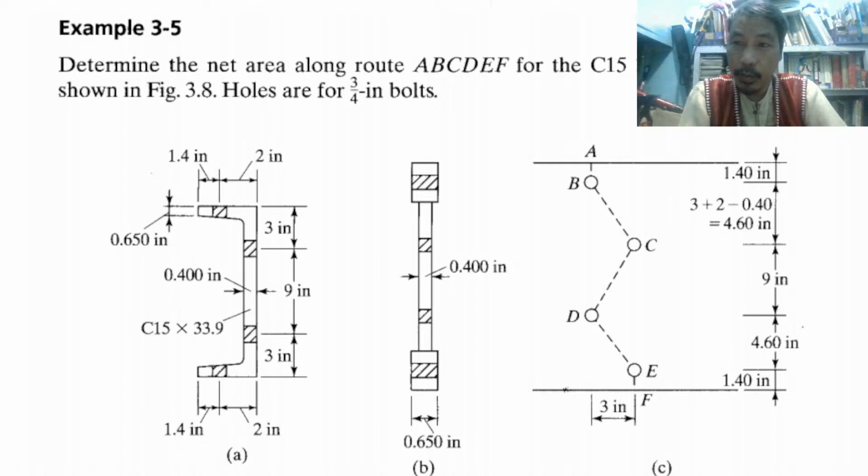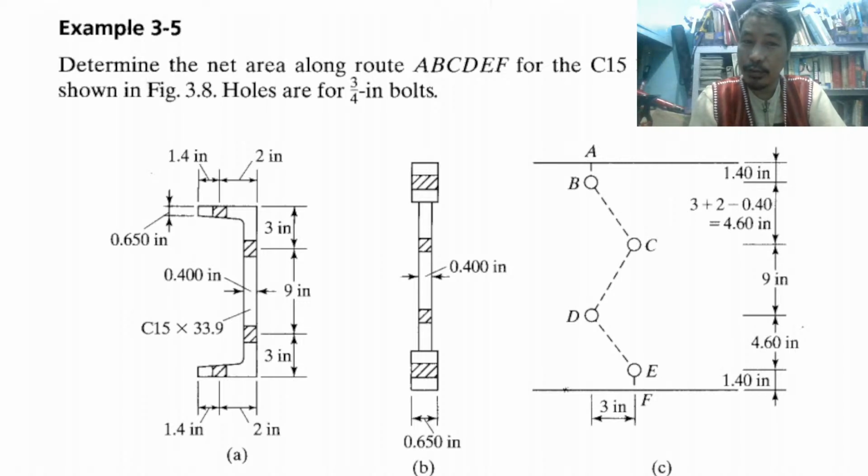In example 4 we had a W section, and in example number 5, we have a C channel. As you will notice, this C channel is actually one half of the S section.